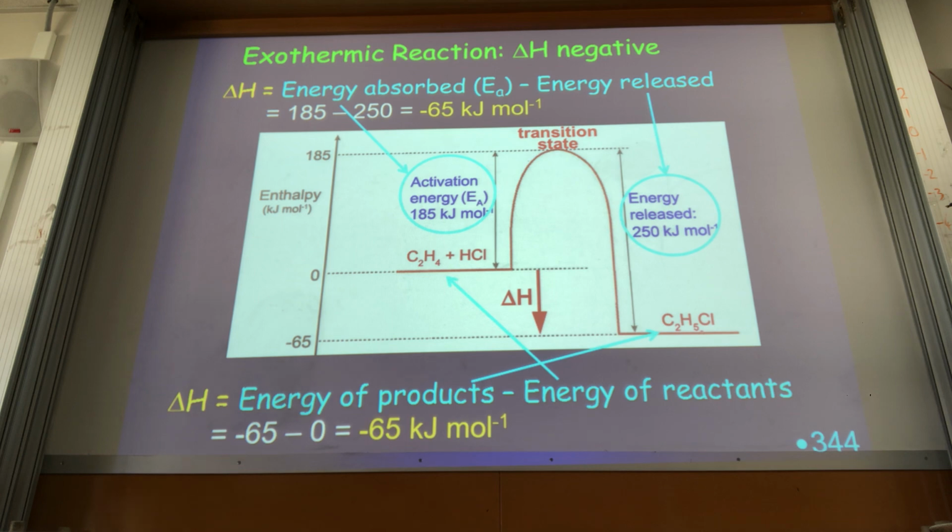Two different ways of understanding the size of delta H. Energy absorbed minus energy released, or final enthalpy minus initial enthalpy.